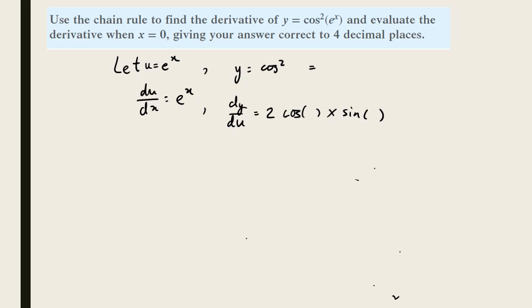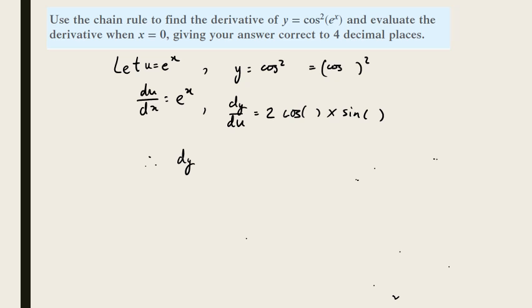If you don't know what I mean, maybe if I write it this way, it will help you. So that's your function inside. This is the function outside with the squared. So when you take the derivative of a squared, you take the 2 down, you get cos x, and then you take the derivative of the inside, which is sine of x.